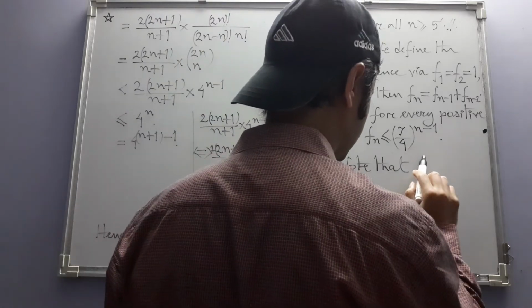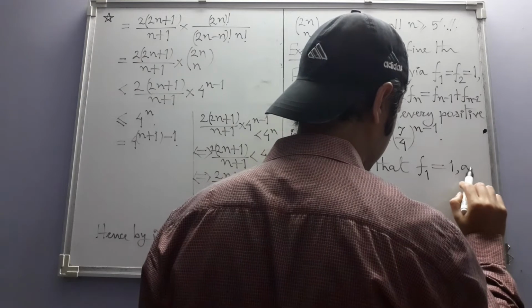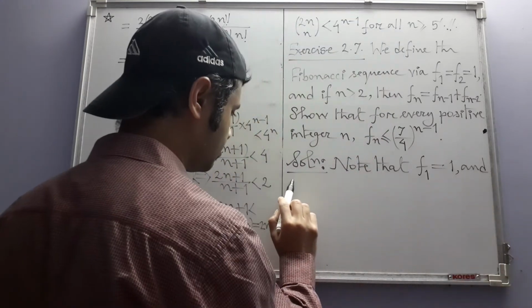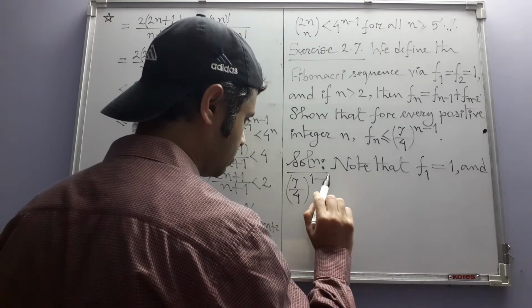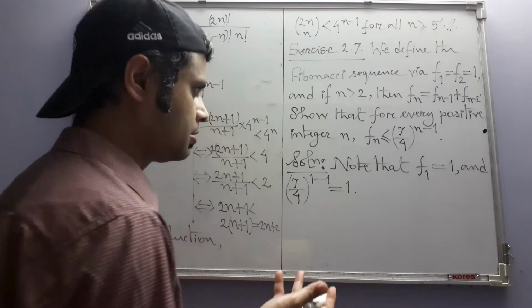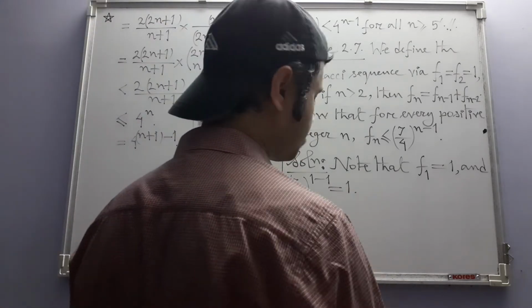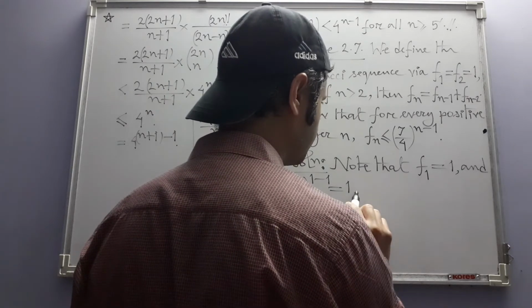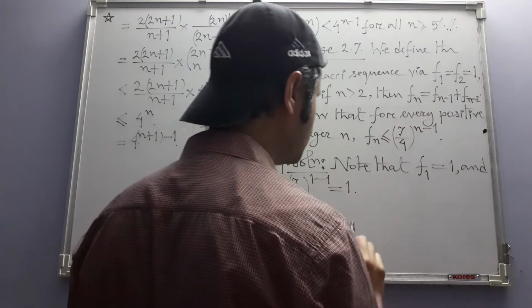Note that F1 is 1 and when n is 1, this is also equal to 1. So that means this is the basis of our induction. But let's see another step, because otherwise we won't be able to use this formula.